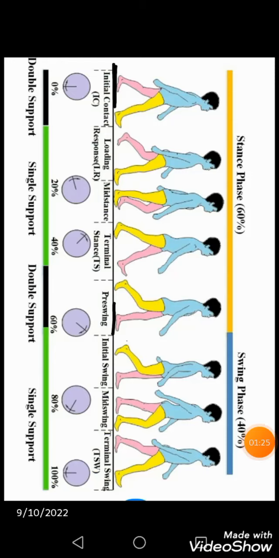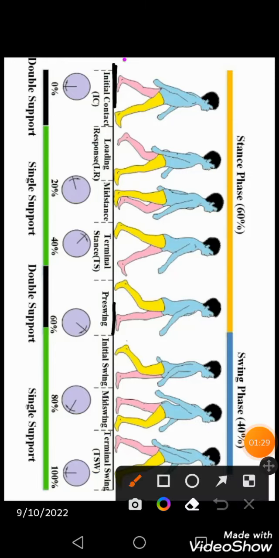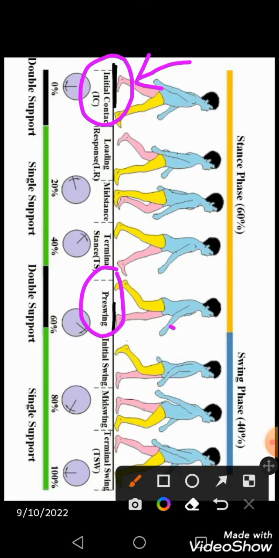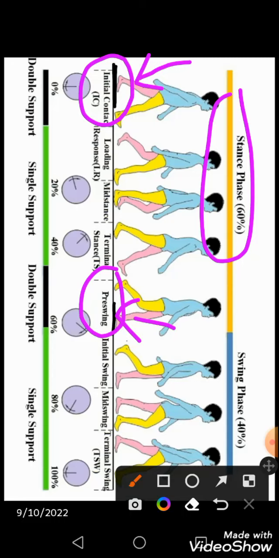Okay, before finishing the stance phase, I have to tell you that the initial contact and the pre-swing, meaning the first subphase and the last subphase of the stance phase, are short periods comprising 10% each in which both your feet are touching the ground, right? And what is going to happen during this?